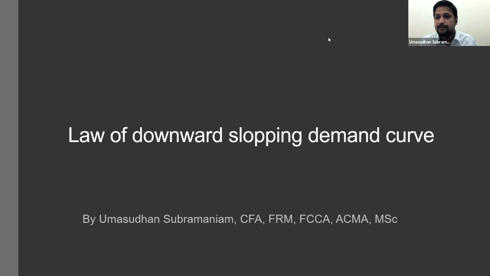If there is not enough supply, what happens to the prices? Prices go up. Think about what happened to the prices of masks and hand sanitizers during the early phase of the pandemic. They significantly went up because there was shortage of those products. More demand, less supply. So if the supply is less, demand is more, prices tend to go up.